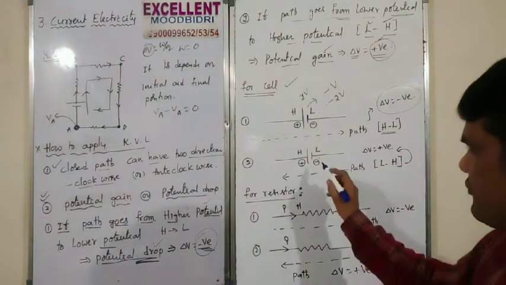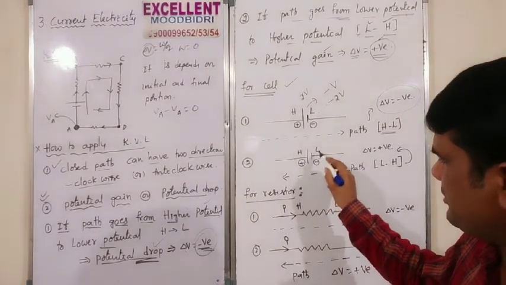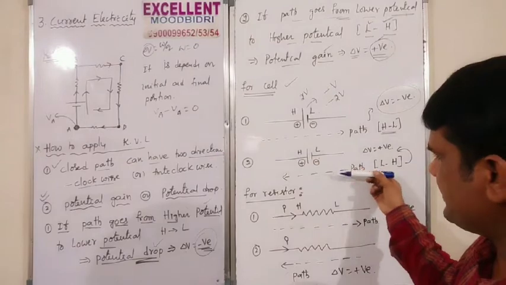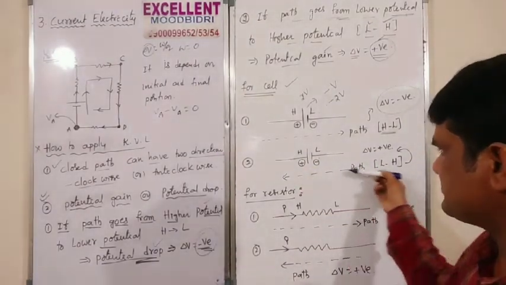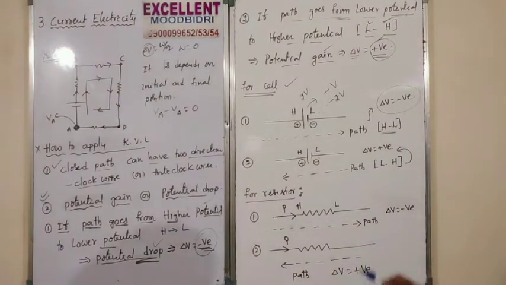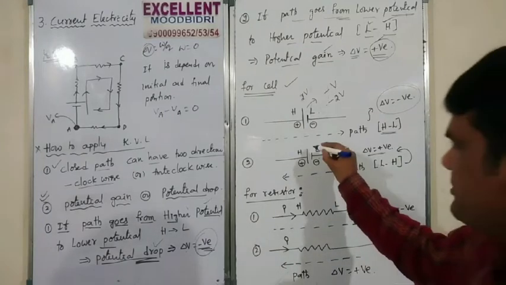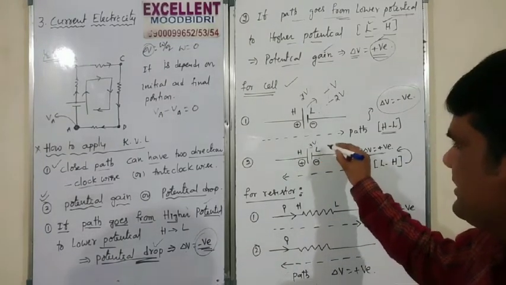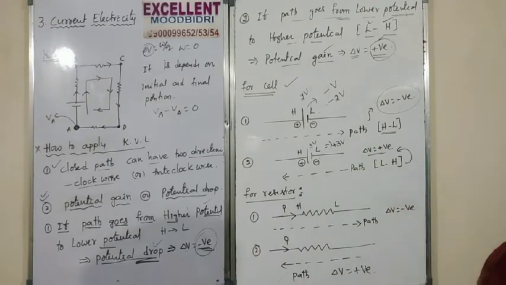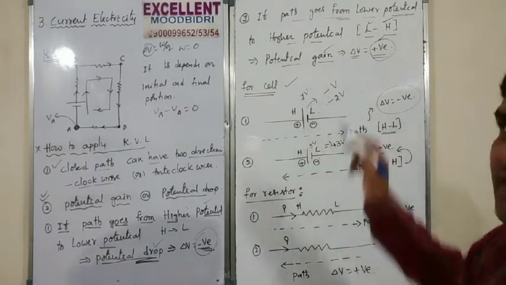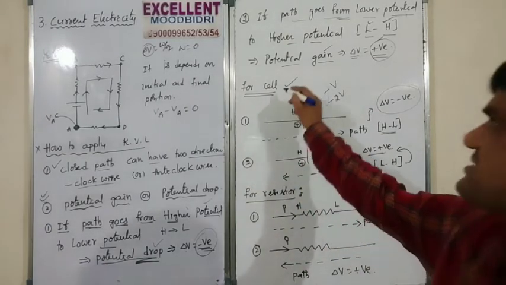The path goes from negative to positive, that means lower to higher in this direction. In that case, delta V is positive. For example, if here it is 3 volt, this value becomes positive 3 volt. That is the rule for a cell.